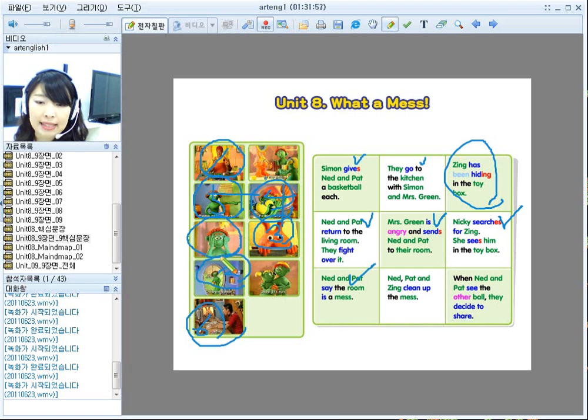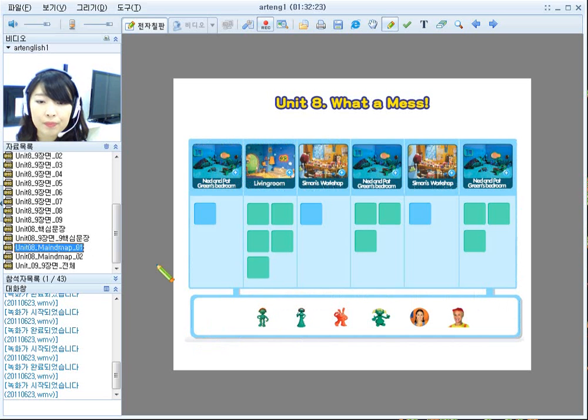And Ned, Pat, and Zing clean up the mess. And when Ned and Pat see the other ball, they decide to share. It's ours. They decide to share the ball.